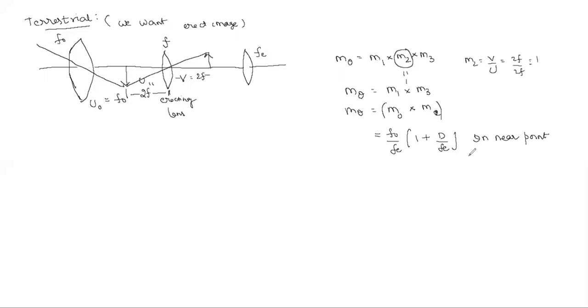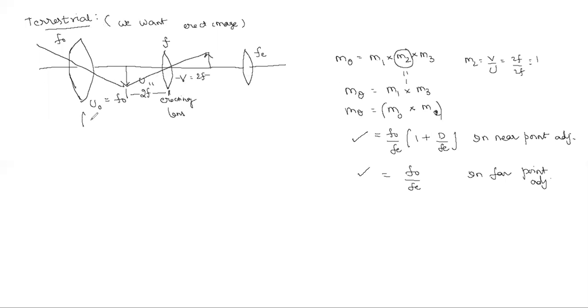And this is equal to just FO by FE in far point adjustment. Right? So these are the magnifications in near point adjustment and far point adjustment. Both are just similar to the astronomical telescope. No difference in magnification; both telescopes have the same magnification.